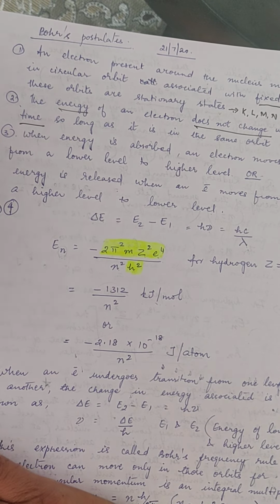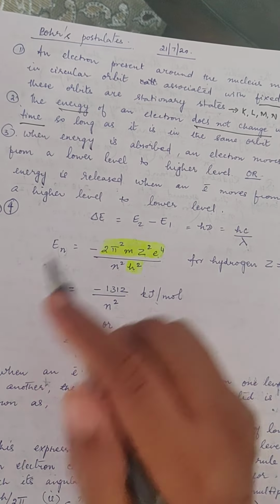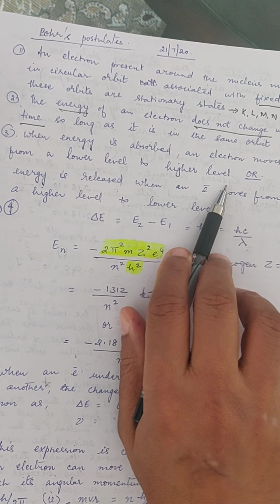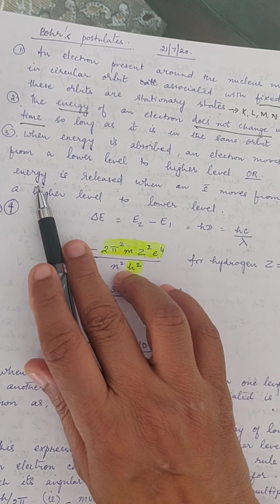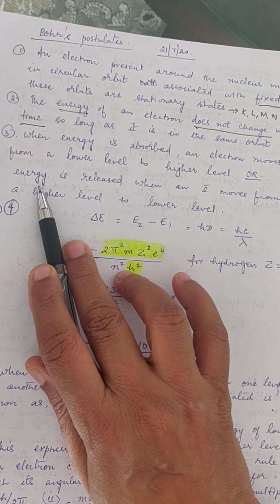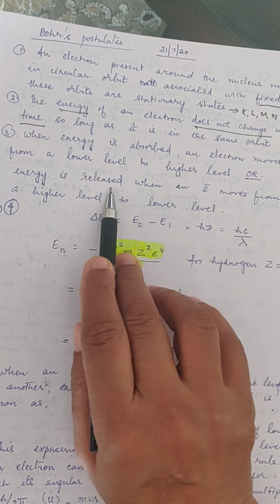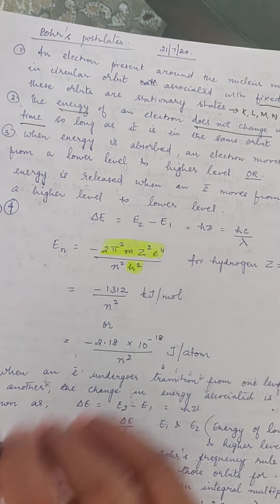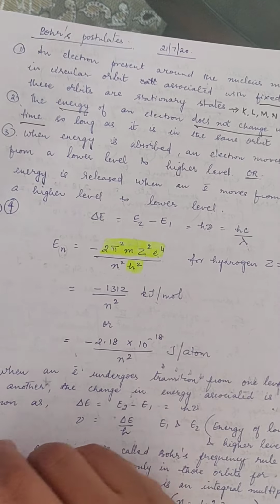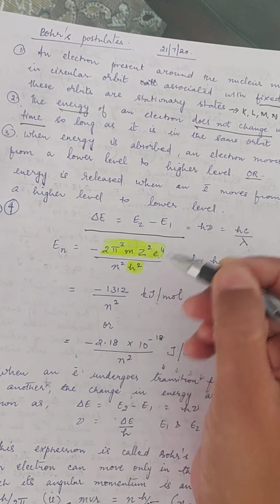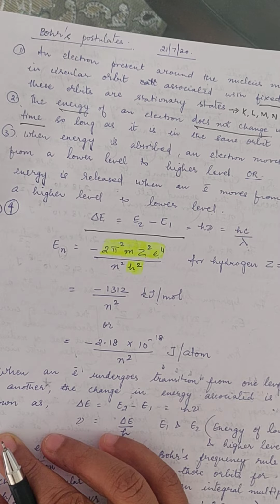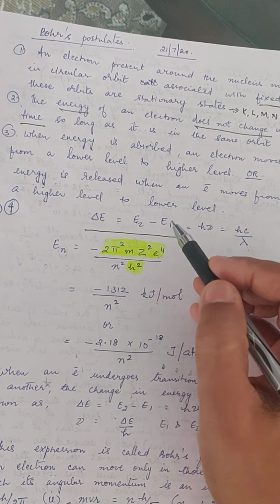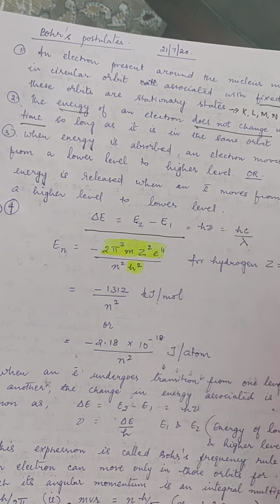Now when the electron is supplied with some energy, it absorbs energy and moves from a lower level to a higher level. Whenever the electron comes back from a higher level to a lower level, energy is released. This difference in energy is given by the formula delta E = E2 minus E1, that is, the energy associated with the final level minus the energy associated with the lower level.